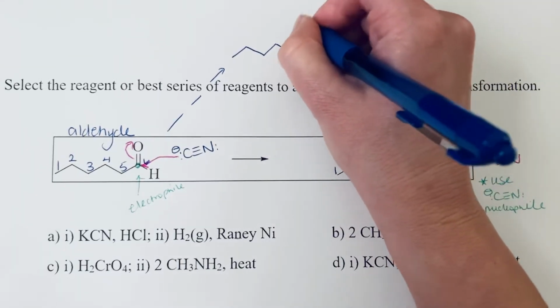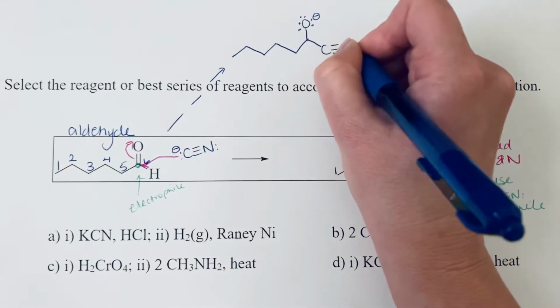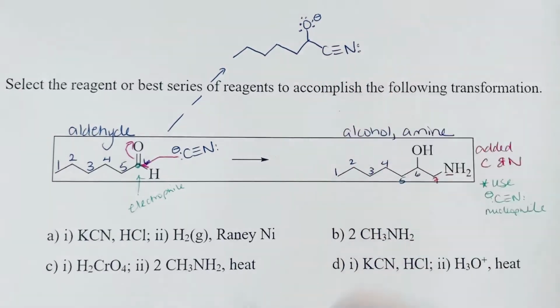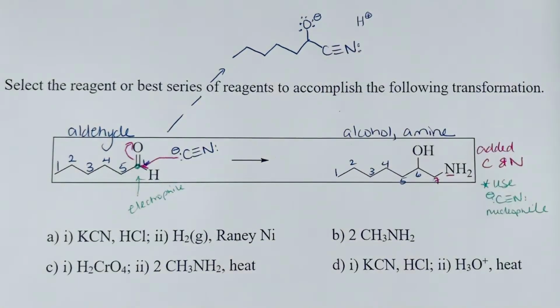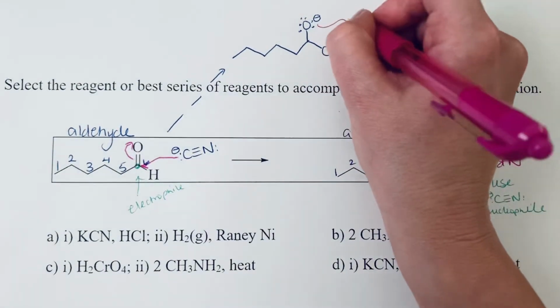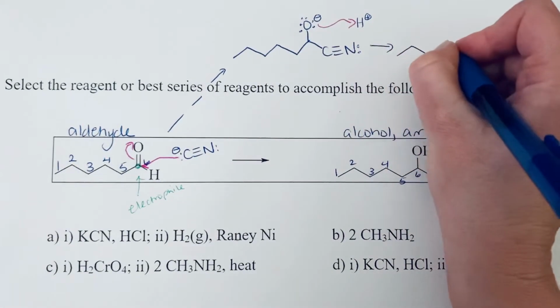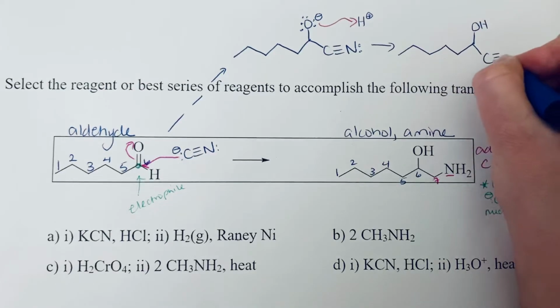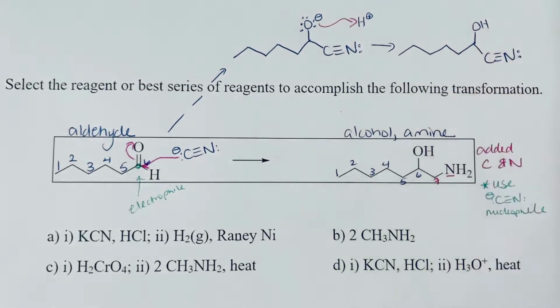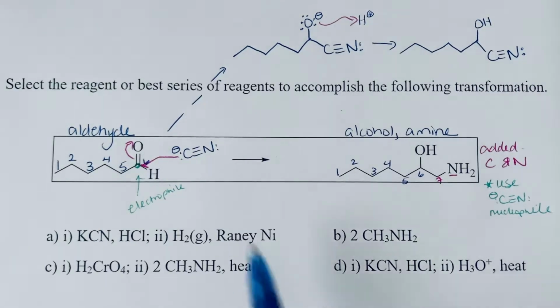So I would have an alkoxide, and I would have added the cyano group. And then as long as I had some kind of proton source around, then I could protonate this to make the alcohol. And that would add our carbon and our nitrogen.